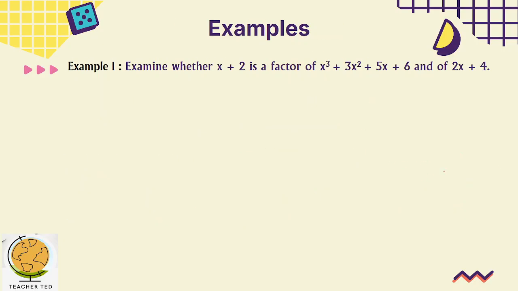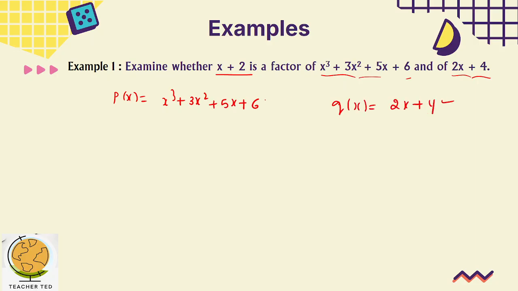Let us take one example here. Examine whether x plus 2 is a factor of the first polynomial and the second polynomial. Let's take the first polynomial, p of x, equal to x cube plus 3x square plus 5x plus 6, and the second polynomial, q of x, equal to 2x plus 4. So these are the two polynomials given, and you need to check whether the given factor is a factor of these two.